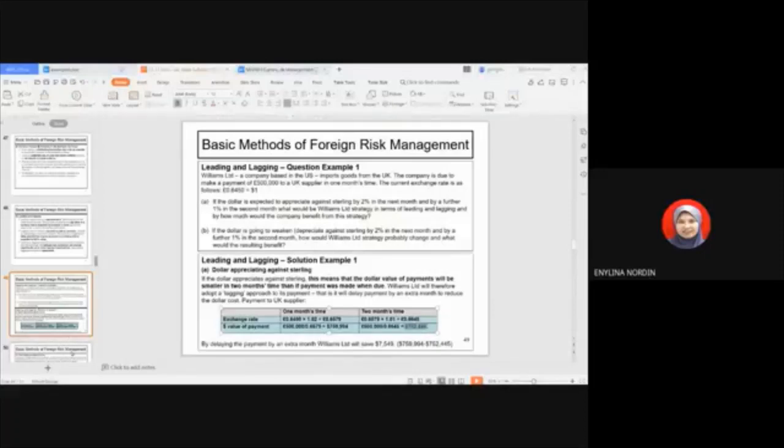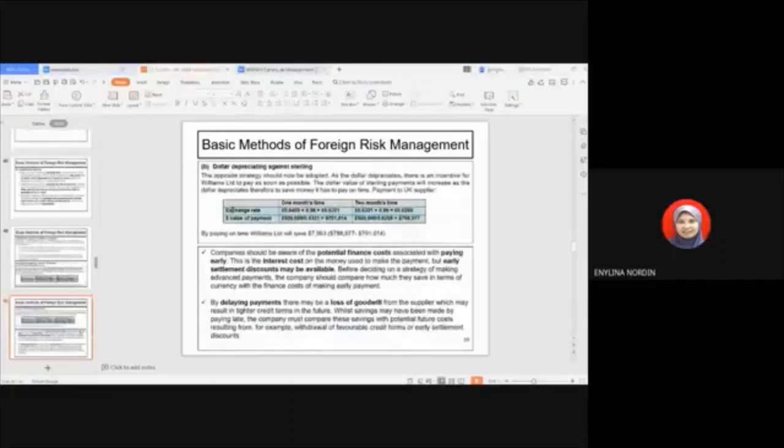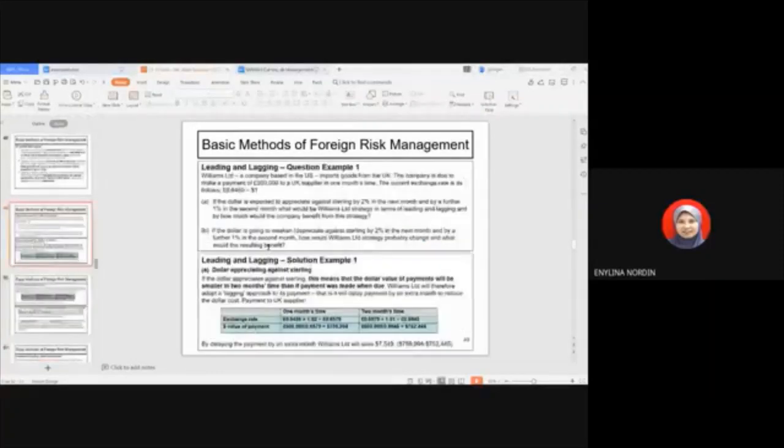In the next situation, what kind of strategy will William Limited implement here? In the second situation, if the dollar is going to weaken, that means going to depreciate against the sterling. So what does it mean?